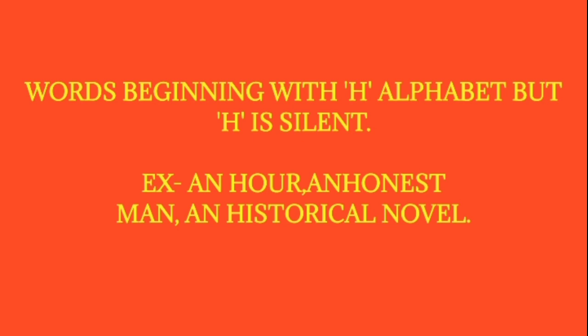H is silent. An honest man. We are not pronouncing this as H-onest man. H is silent. So, you should pronounce this word as an honest man. An historical novel.